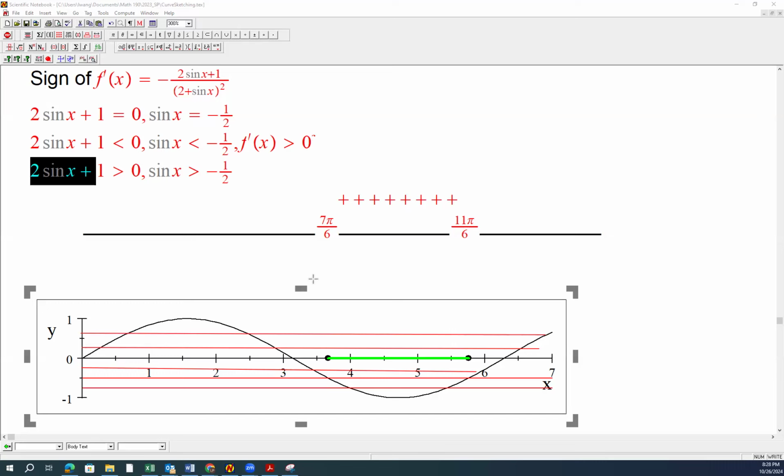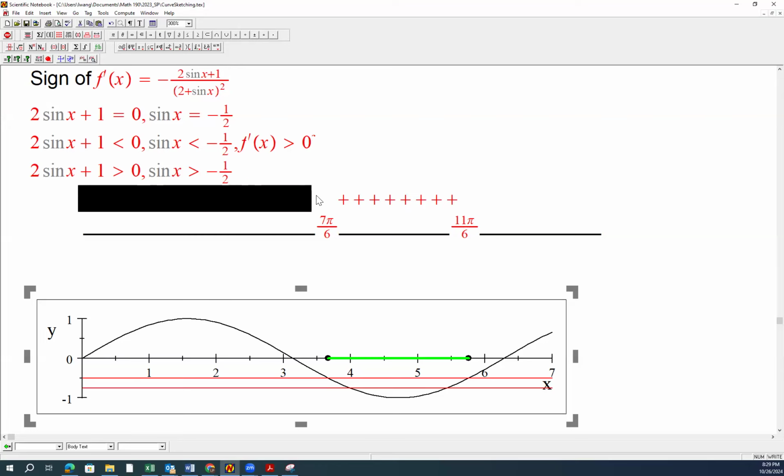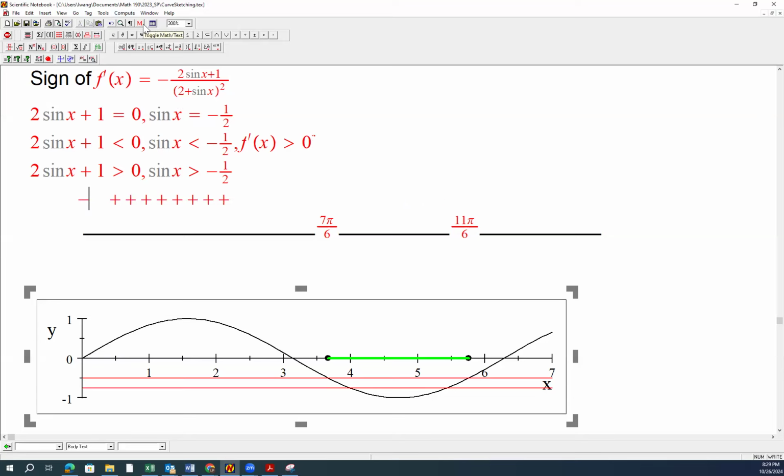So I have many of them, and those other places would be especially when 2 times sine x plus 1 is positive. Okay, it's positive. In those cases, if the denominator is positive, we have a negative sign there, so all of these would be negative.